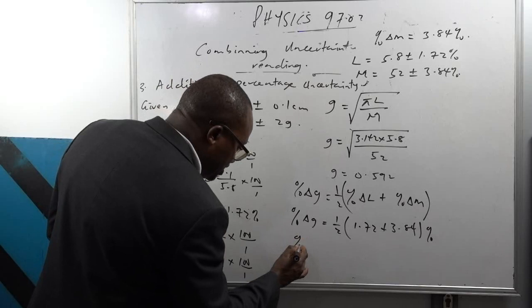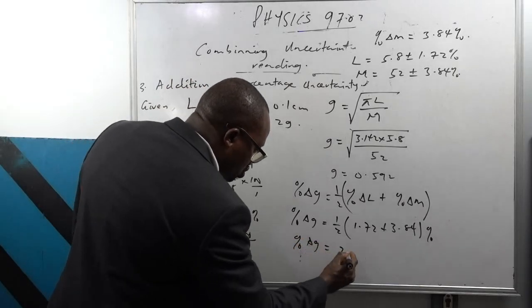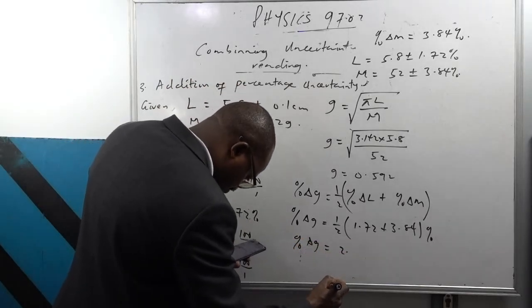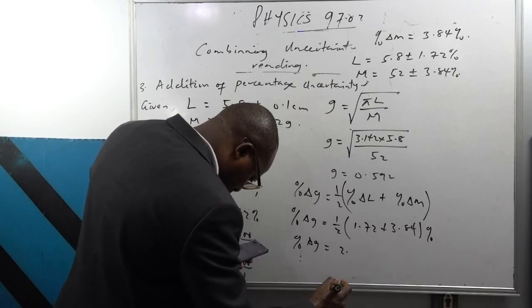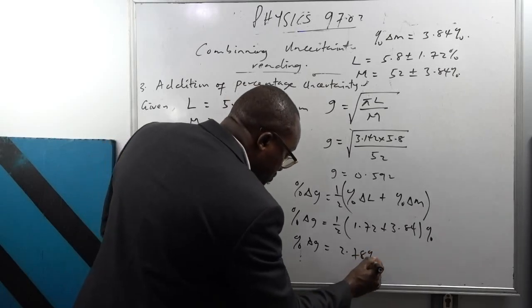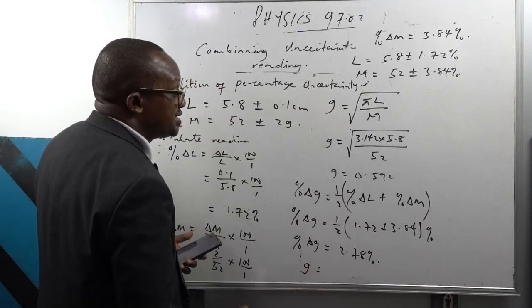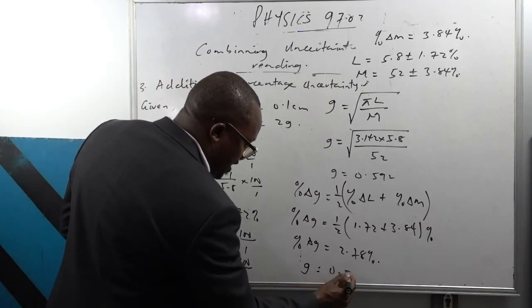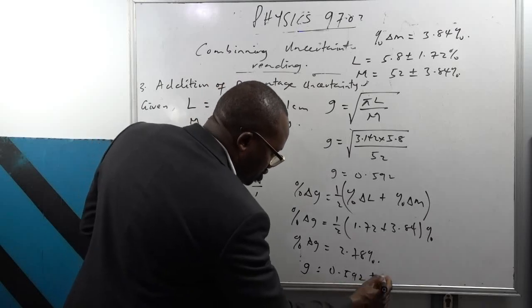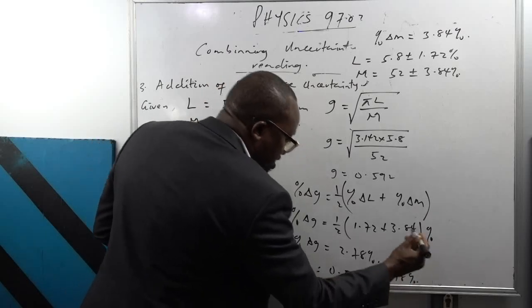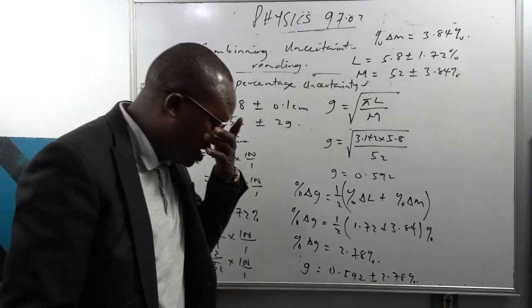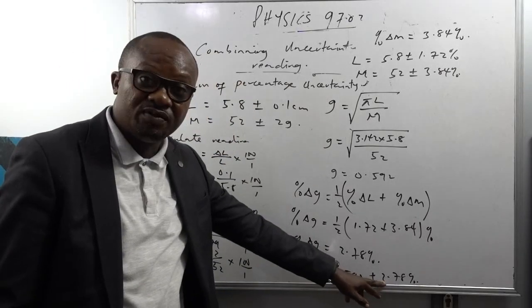So the percentage uncertainty of G is going to give you 2.78%. So reading G can be recorded as 0.592 plus or minus 2.78%. So the uncertainty of G is now expressed in percentage form.